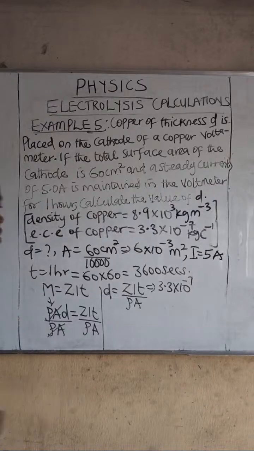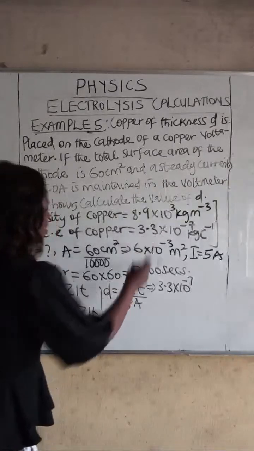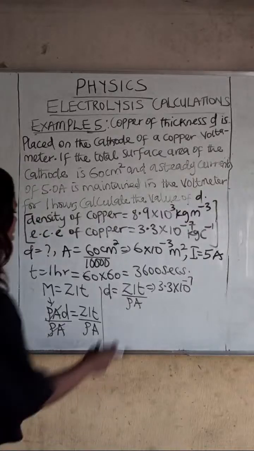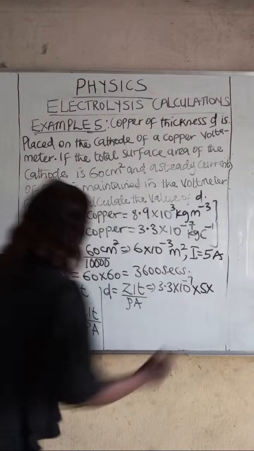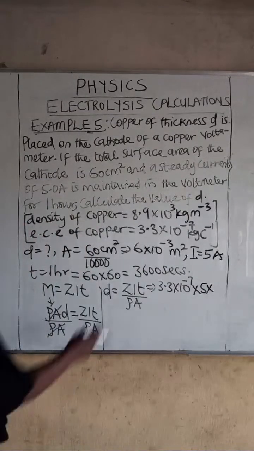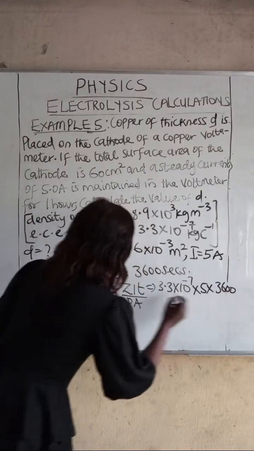Okay, let's proceed with the solving. My Z is 3.3 times 10 to the power minus 7 times my current, which is 5. I will say 5 times my time, which is 3,600, okay?